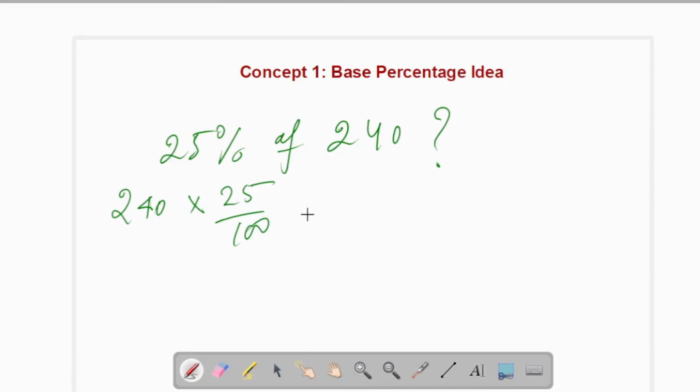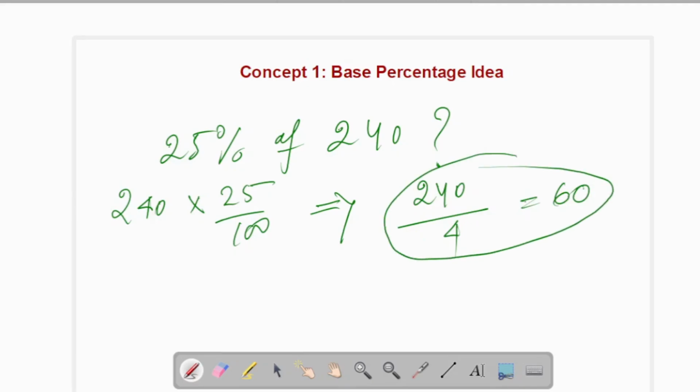Instead of doing this, if you remember that 25% is the fraction 1 by 4, then I just do 240 divided by 4, and I easily get 60. So this is calculated more easily, and I would say you must avoid the long method. Instead, remember the fraction and then multiply the fraction with the number. This is the first concept. Now coming to the next concept.